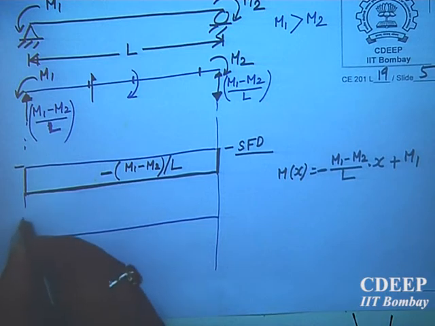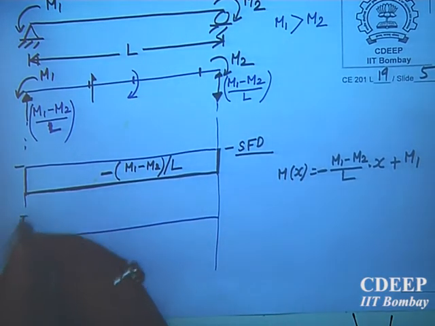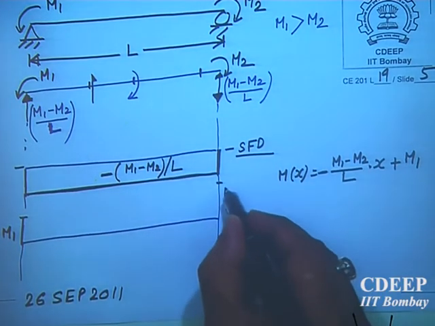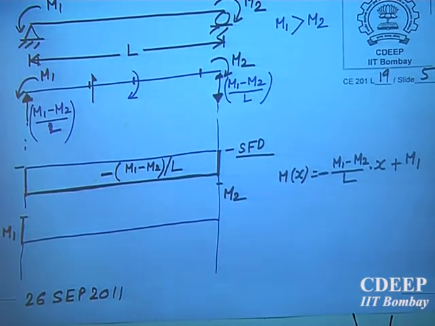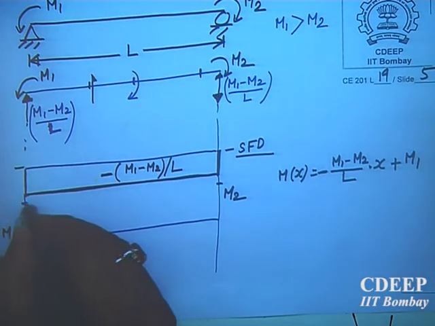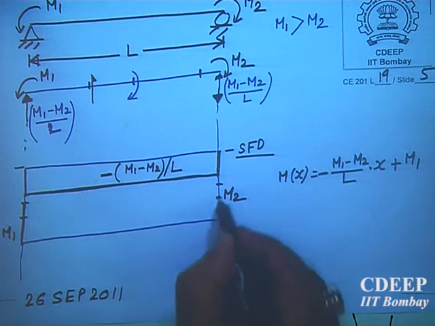So here it is M1, here it is M2. M1 is greater than M2, so larger, and M2 I will make shorter.